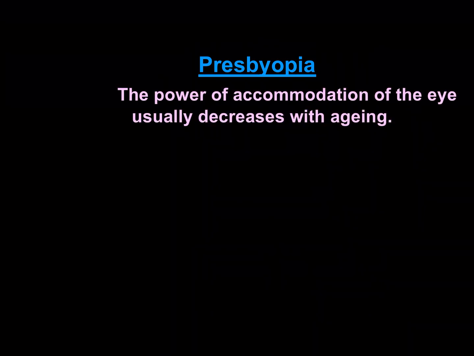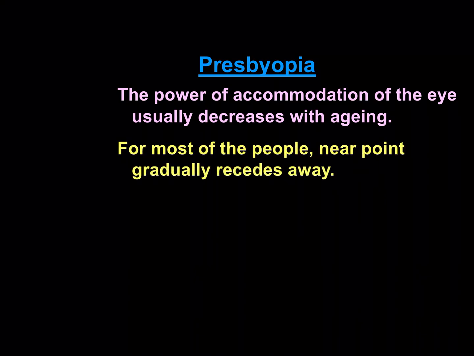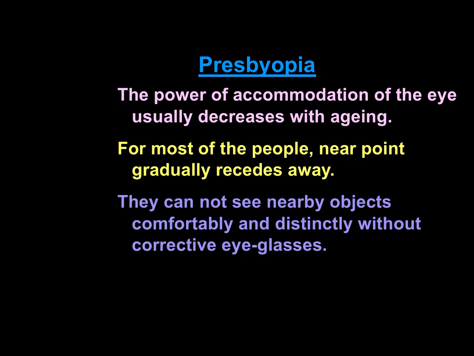Next is presbyopia. The power of accommodation of the eye usually decreases with aging. For most people, the near point gradually recedes away. They cannot see nearby objects comfortably and distinctly without corrective eye lenses.